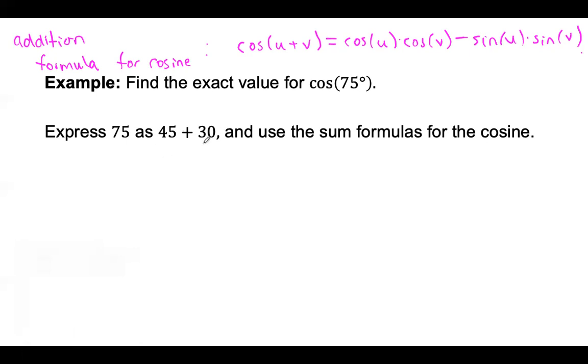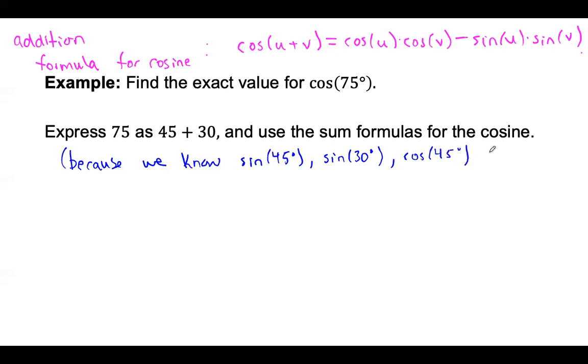So you break it down into something you do know. Let's write a little note: because we know sine of 45 and sine of 30 and cos of 45 and cosine of 30, we're going to break it down this way.